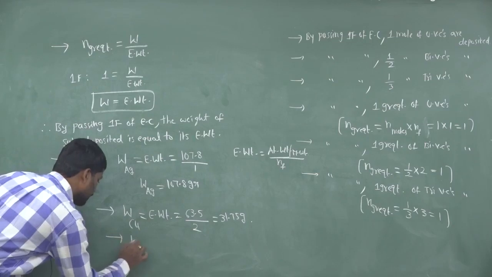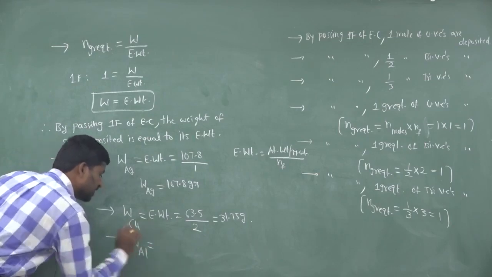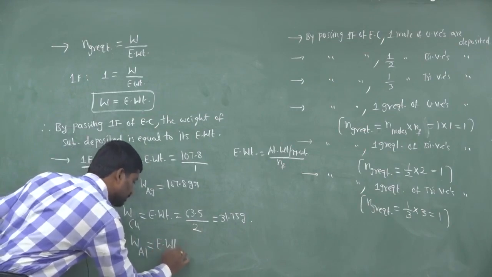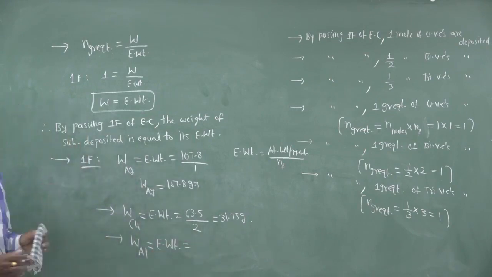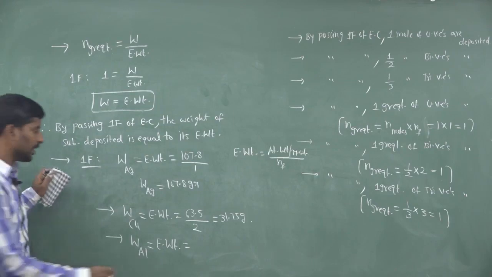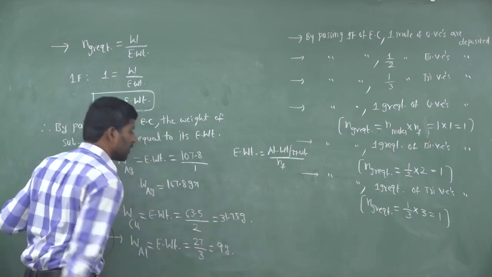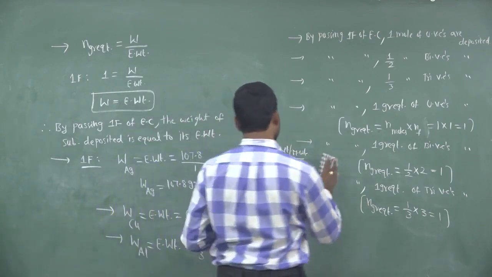If you pass 1 Farad through a solution having Al3 plus ions, what is the weight of aluminum deposited? 27 by 3, right? That is 9 grams of aluminum will be deposited. So like this we can calculate.